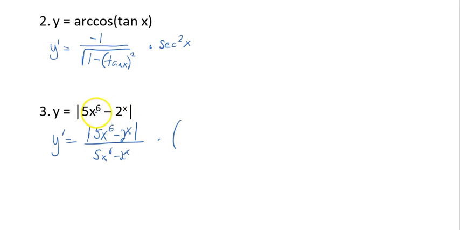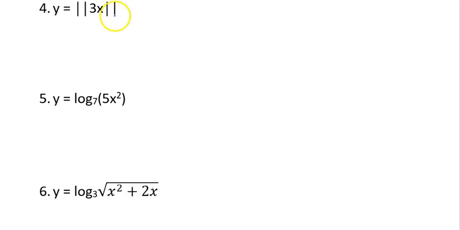Since this has a minus, I'm going to put this in big parentheses. This will be a power rule, so 6 times 5 is 30, x to the 5th. Then I bring down the minus, and I have an exponential rule, so 2 to the x times the natural log of 2. So this was our absolute value rule, because that was the biggest thing on the outside, and then multiplied by the derivative of the inside. I said 2, but I forgot to write it down, so I'm going to come back and put my 2 in there.